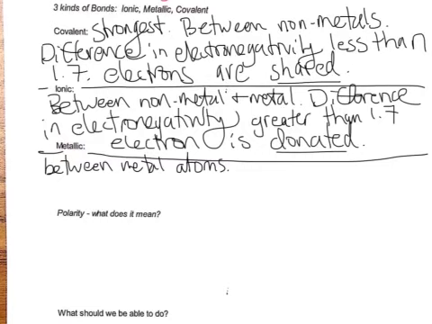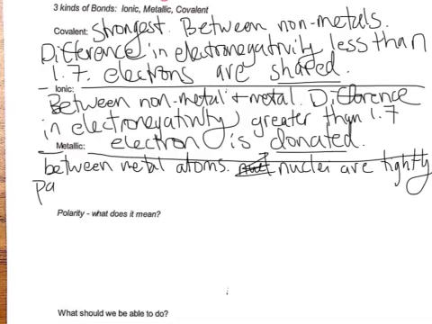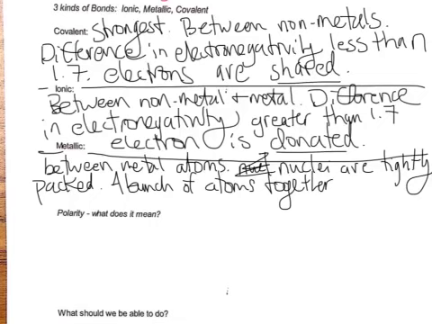So between metal atoms, we say the nuclei are tightly packed, so they're squished together. It's just a bunch of atoms together, so not necessarily a specific molecule, for example, H2O.